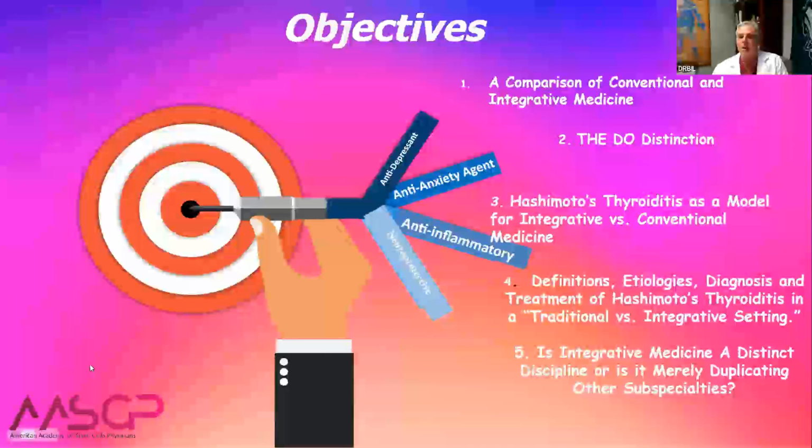Here are the objectives. I did a rather extensive comparison between integrative and conventional medicine. I'm not going to do that here. I talked about the DO distinction. We'll talk about the meat of the matter, the heart of the matter: Hashimoto's thyroiditis as a model of integrative versus conventional medicine.